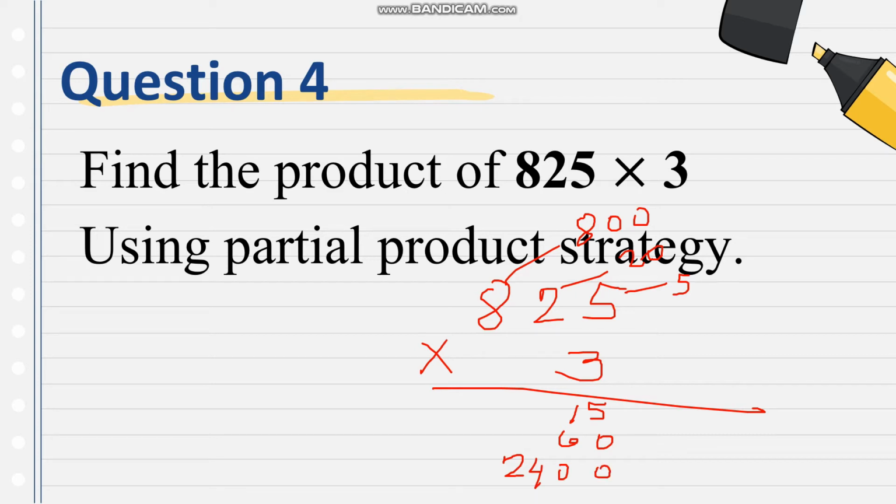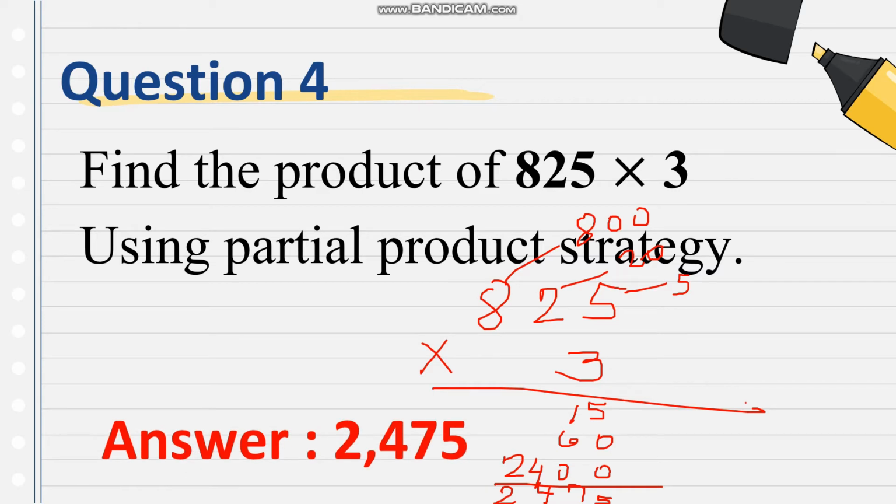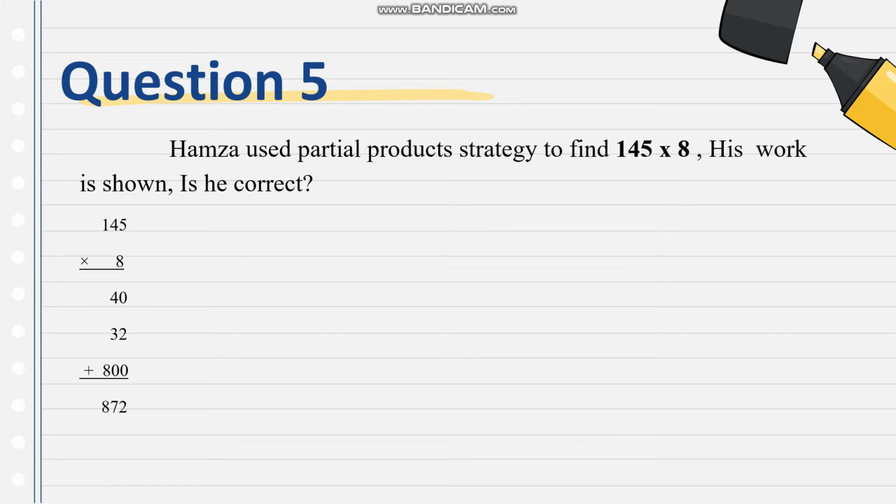Then after that, we just simply add. This must be 5, 7, 4, and 2. So the answer is 2,475.